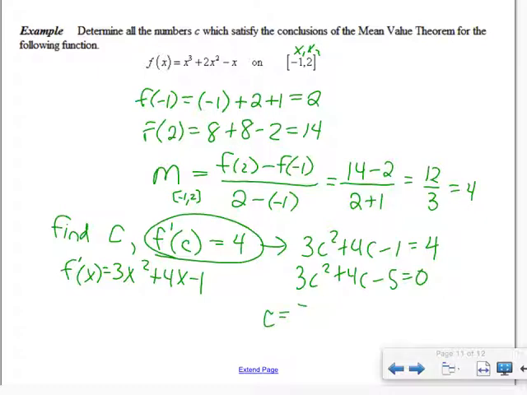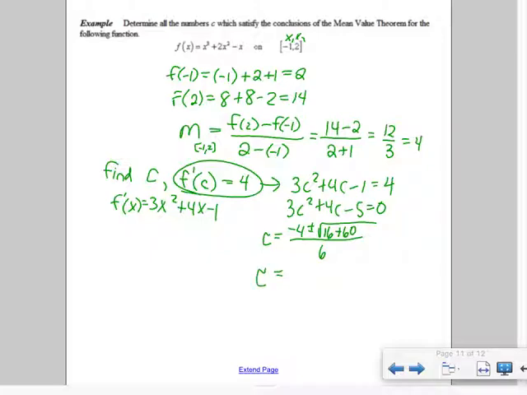So it's negative 4 plus or minus the square root of b squared minus 4 times a times c, which ends up being positive 60, over 2a. A is 3, so 2 a's would be 6. Now let's go ahead and solve for that. Now remember, our c must be in the interval. So we have to check those numbers.